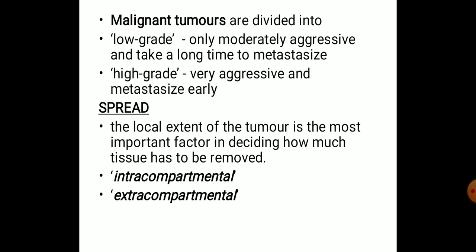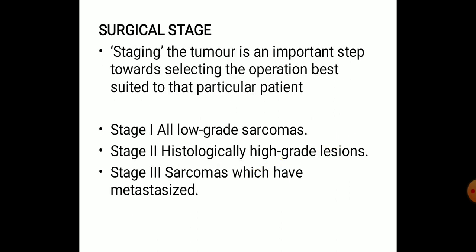So that's why we need to look for spread. First one, we're looking at how aggressive the tissue growth is. Second one is how the spread is affecting, whether it is an intracompartmental or an extracompartmental growth.